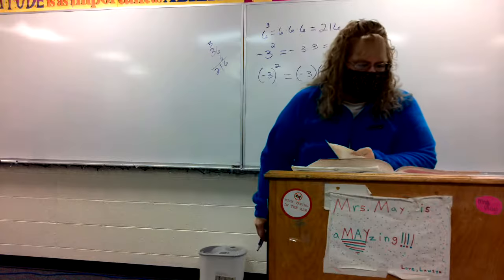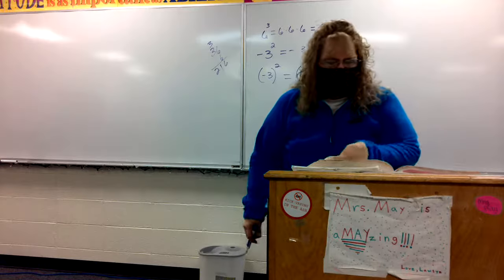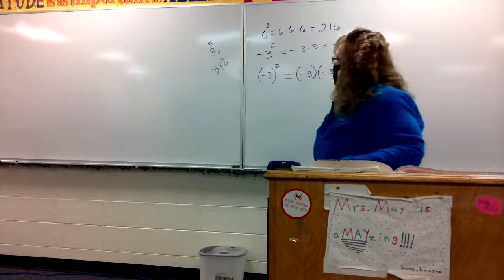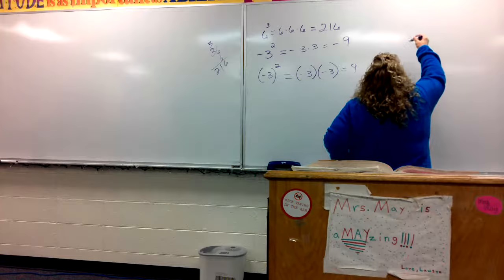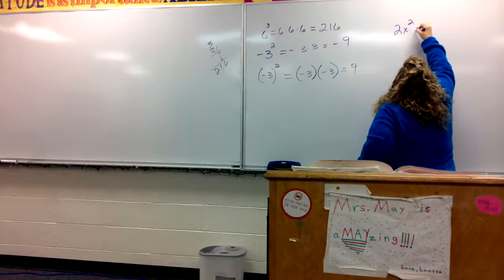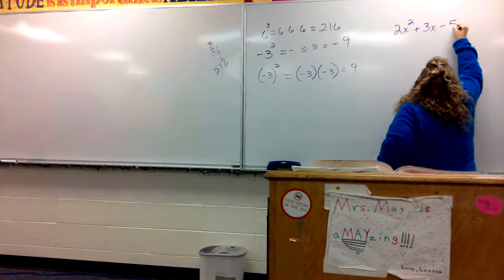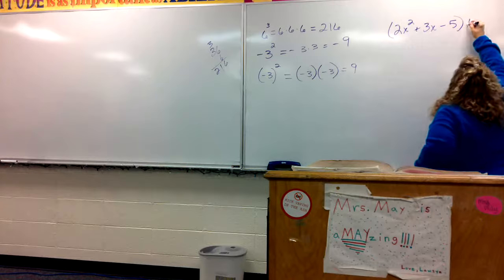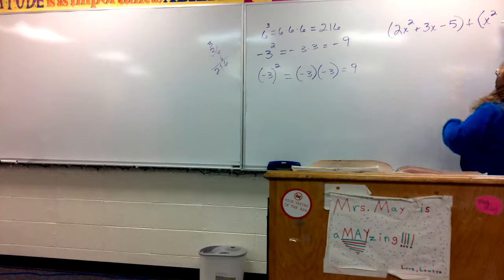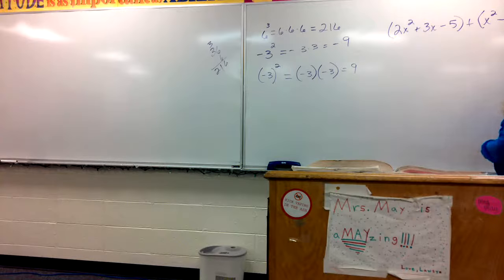What else did we do? We added and subtracted polynomials. Remember, if you're going to add 2x squared minus 5, and you're going to add to that, when you're adding, you don't really care if there's parentheses, right?